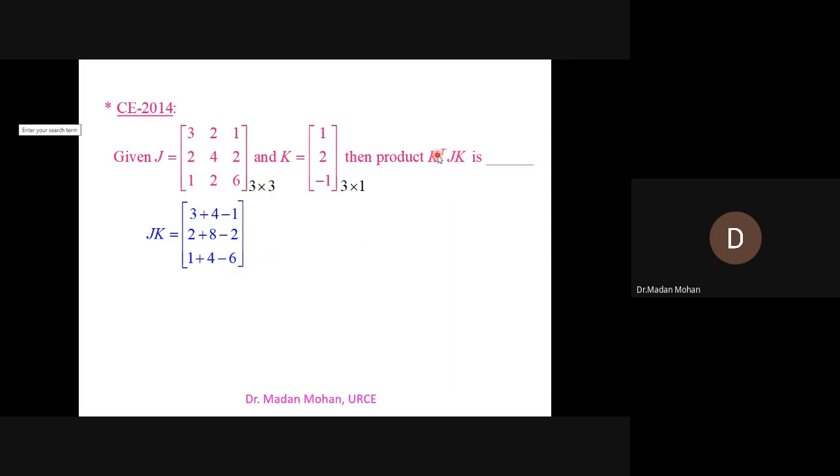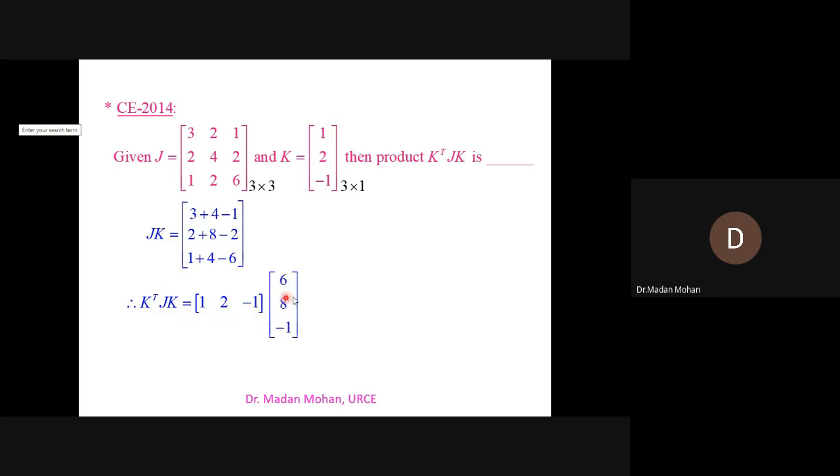Now I require K transpose with this JK. What is K transpose? Please tell me. Its order is 1 cross 3. You should write it as a row. K transpose is 1, 2, minus 1 as a row now. What is the order of this one?